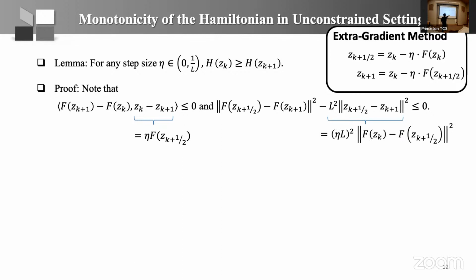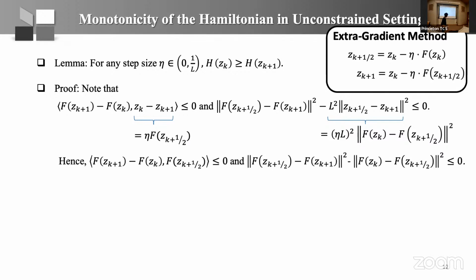I'm going to do something similar here, changing this term using something about the operator. Nothing fancy, I'm just rewriting this. Here I'm just throwing out the eta. Here I'm using the fact that eta is between 0 and 1 over L, so I can replace it with L, or with 1.